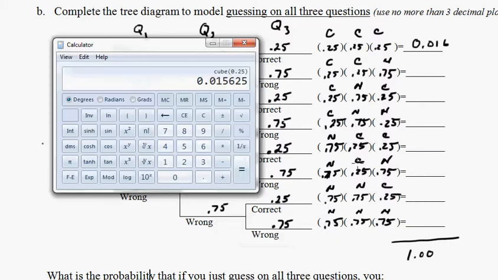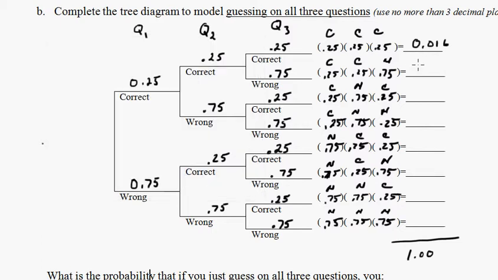And then we're going to have 0.25 squared times 0.75. So that's going to be 0.047. And every time you have 2 correct, it's 0.047, right?